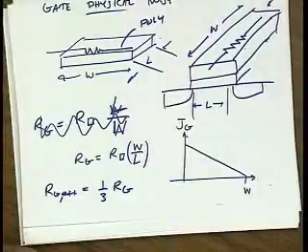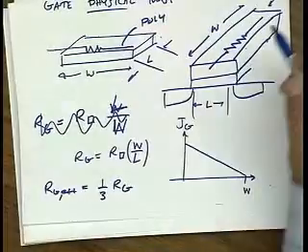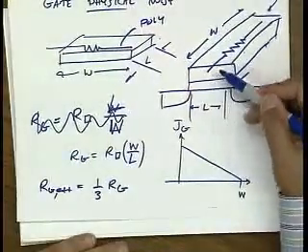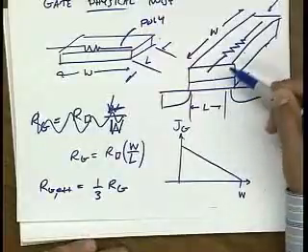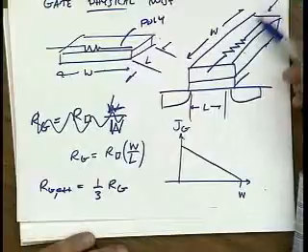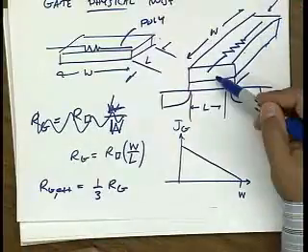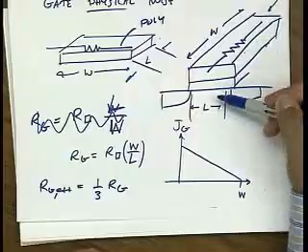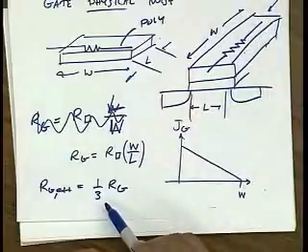Is it clear why it should be less than Rg? It's less than Rg because out here there's no current in this resistor, so we're not losing any power here. It's out here where we're putting in lots of current, and therefore here it's peak, here it's 0, and if we take an average value of the effective resistance seen here, we get 1/3.